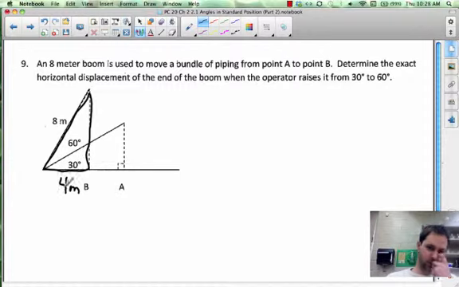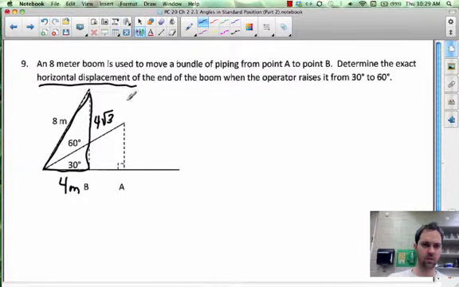Now, if that's 4 meters, then this one is 4 root 3. Now, that won't really become too relevant to us because we're only looking for the horizontal displacement. So how far it moved to get from here to here, or from here to here, I guess is the order that it goes in.